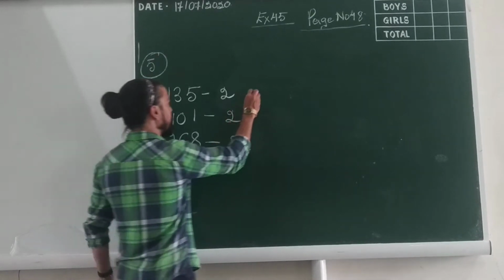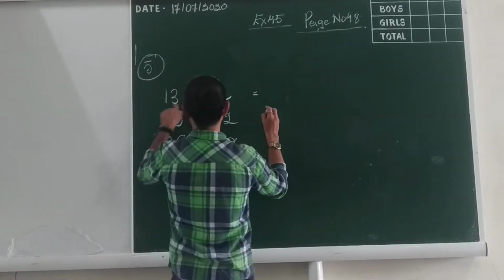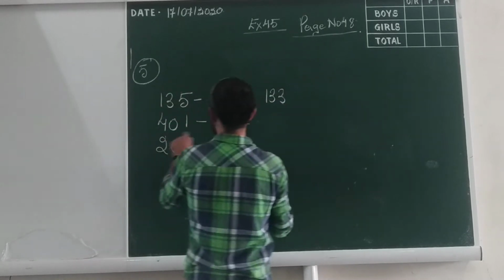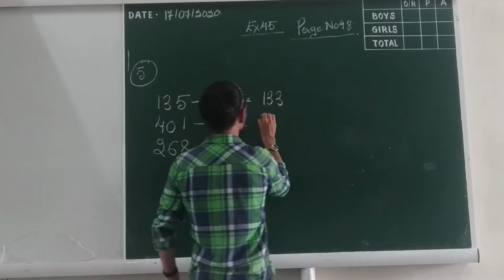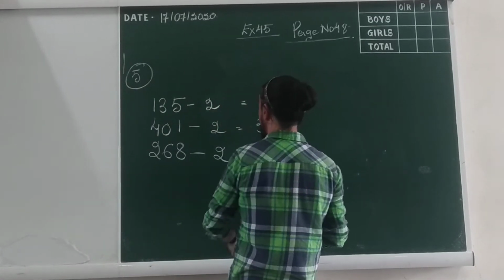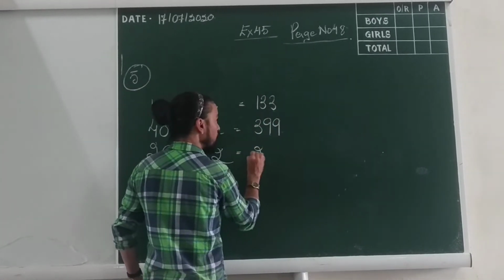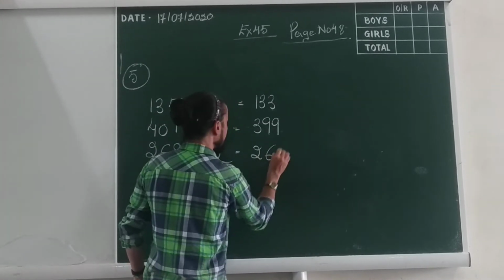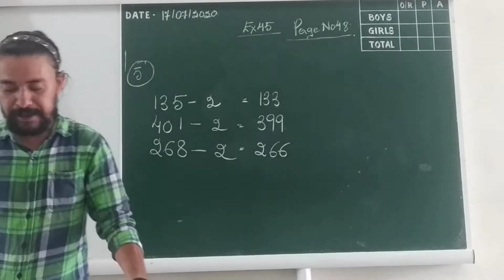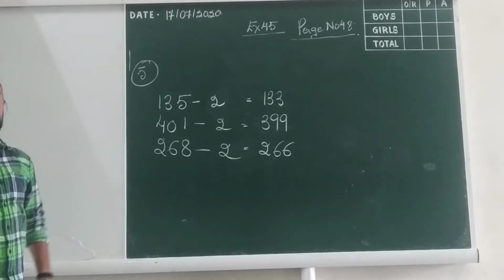So now what do the new numbers become? 135 minus 2 gives me 133. 401 minus 2 gives me 399. And 268 minus 2 gives me 266.